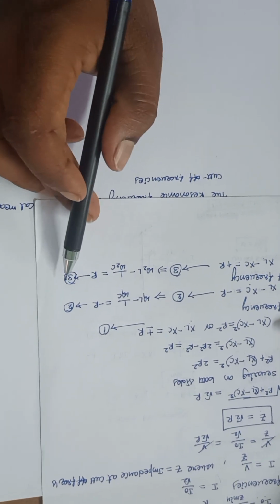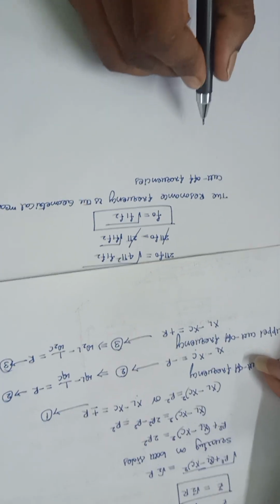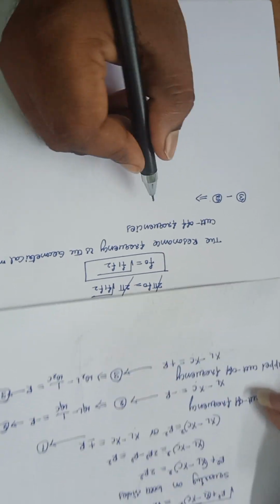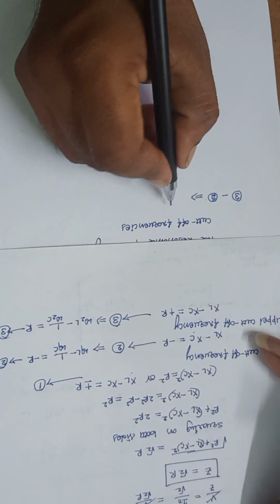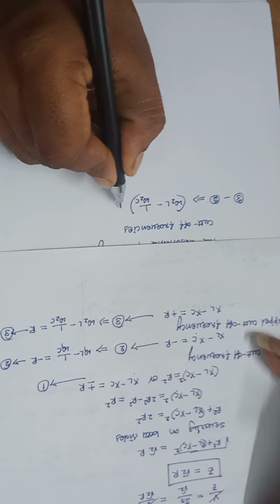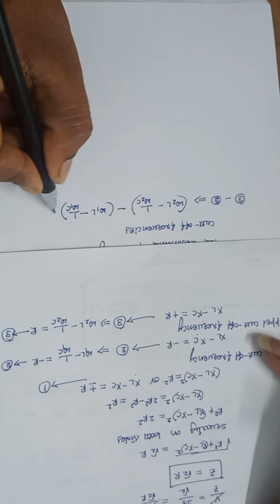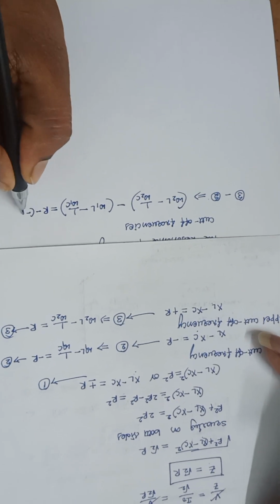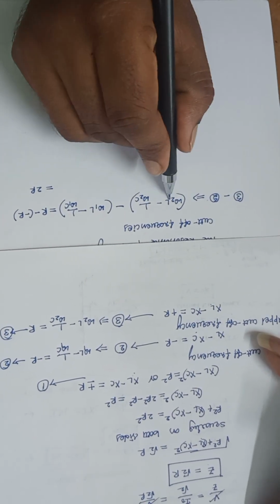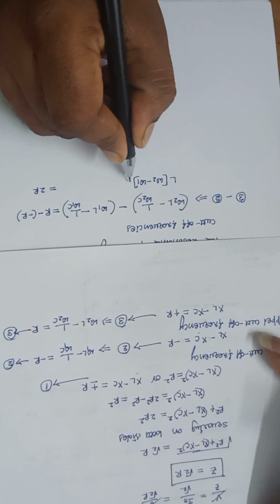If I subtract equation 2 from equation 3, that means 3 minus 2, with 3 being this one: omega 2 L minus 1 by omega 2 C, minus omega 1 L minus 1 by omega 1 C, is equal to R minus of minus R. So this will become 2R. Here if I take L as common, it is L into omega 2 minus omega 1.